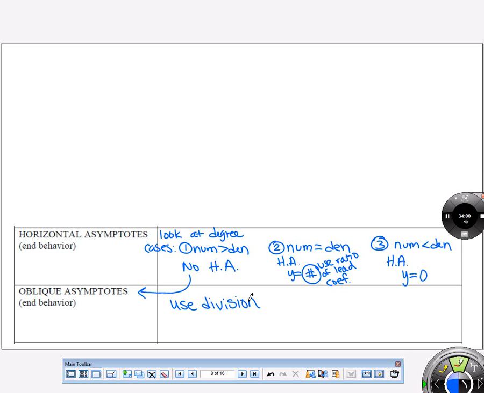Remember, when I wanted to know about limits, I didn't care about the stuff towards the end. I cared about what was making the most impact in the numerator and the denominator and how they compared. When you do division, that's kind of what it does. It says, this times this, and we'll ignore the remainder part. We'll talk more about that tomorrow.